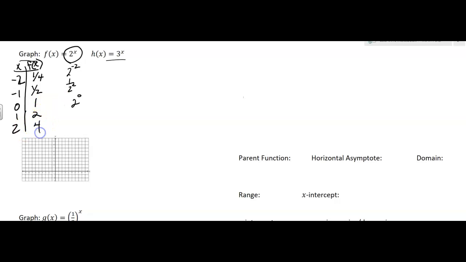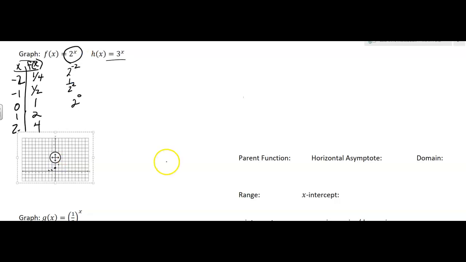So we're going to get this, my piece of graph paper is a little small, but we'll graph it anyway. -2, 1/4, and then -1, 1/2, and then 0, 1, 1, 2, and 2, 4.